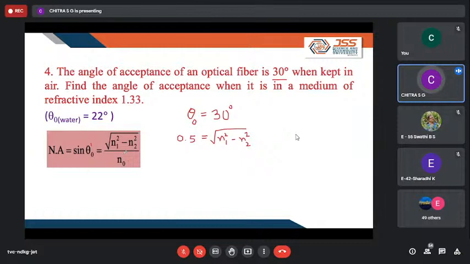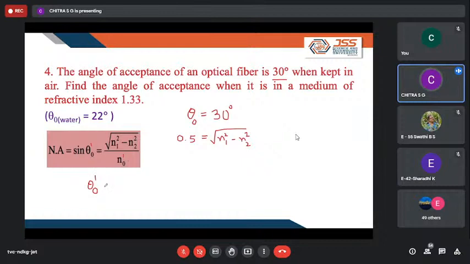That represents the fiber is in water. You can differentiate that: if it is simply theta naught, it is in air. If I put a dash like this, then you can understand that the fiber is surrounded by water. So now in this equation you have to calculate theta naught dash, that means when the fiber is in water.